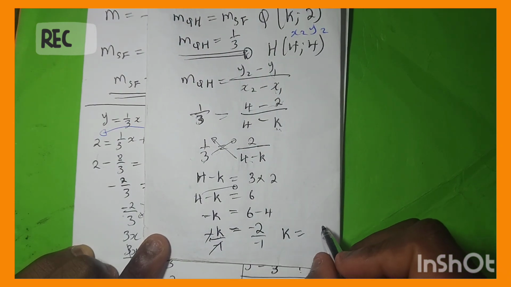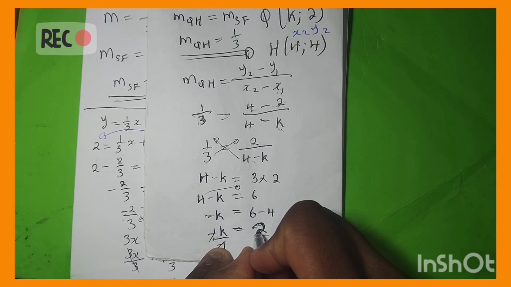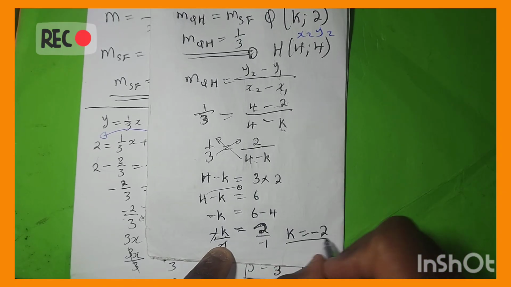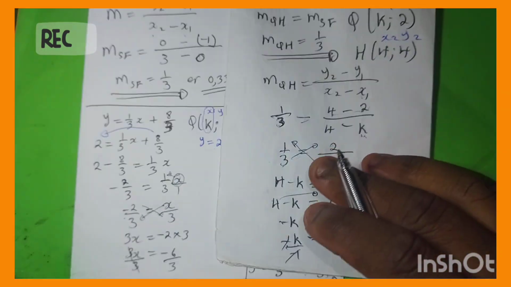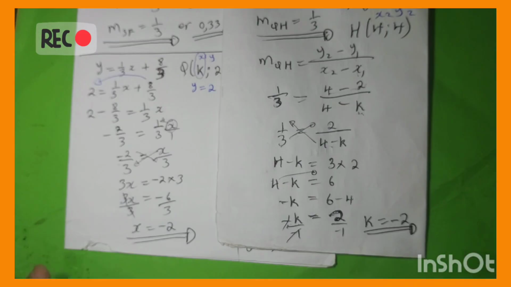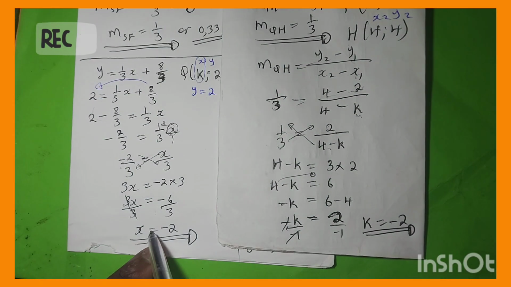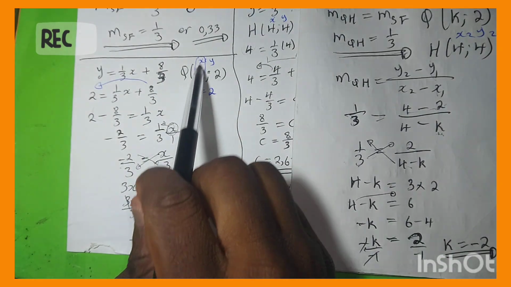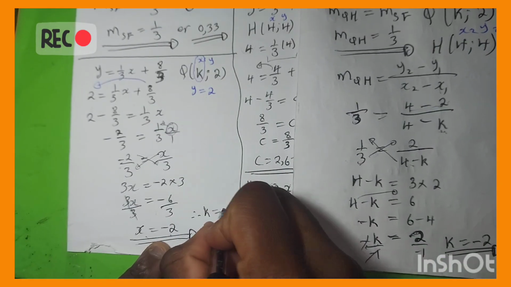Then my k value becomes -2. It's up to you which approach you prefer. So you can conclude that k is -2.